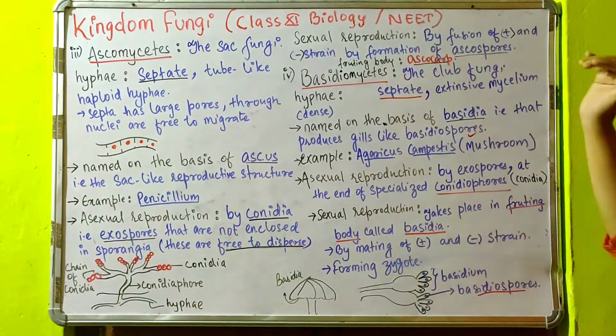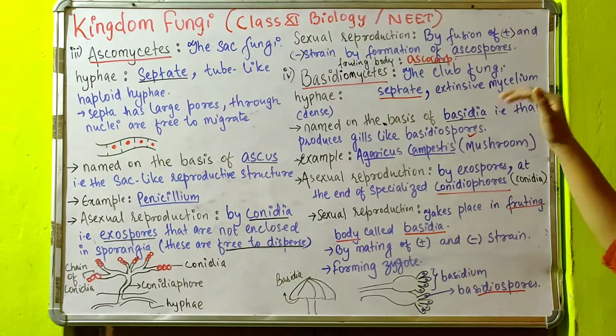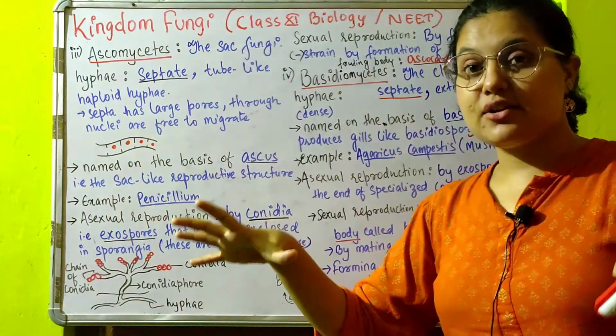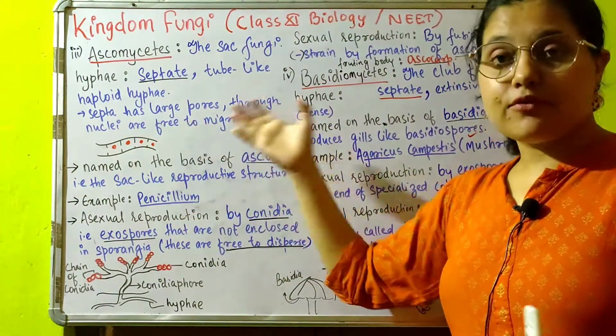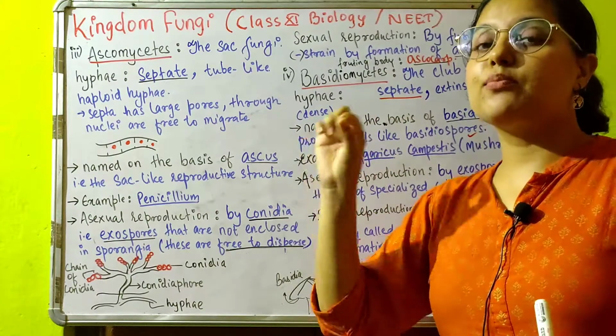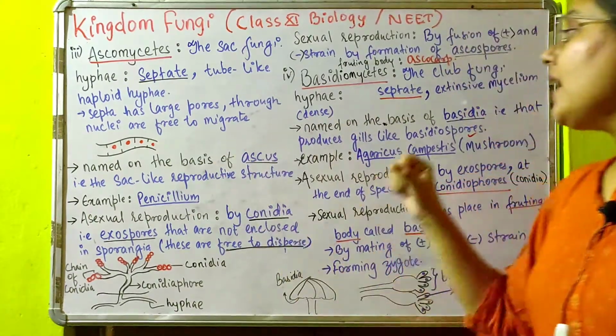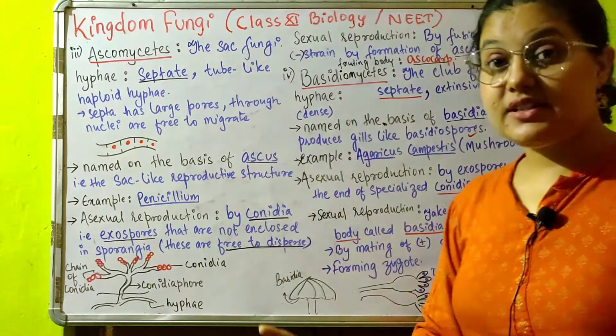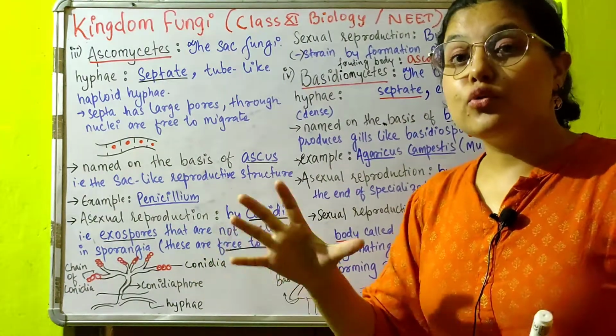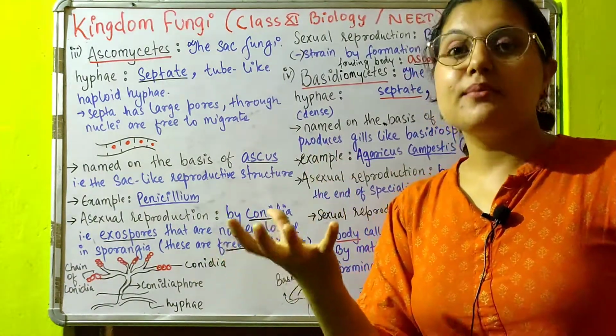Their hyphae are also septate, and they have extensive and dense mycelium. Another thing, this part is the same for these also: they have a pore in their septa. And they are named on the basis of basidia, which are on the inner side of the mushroom.